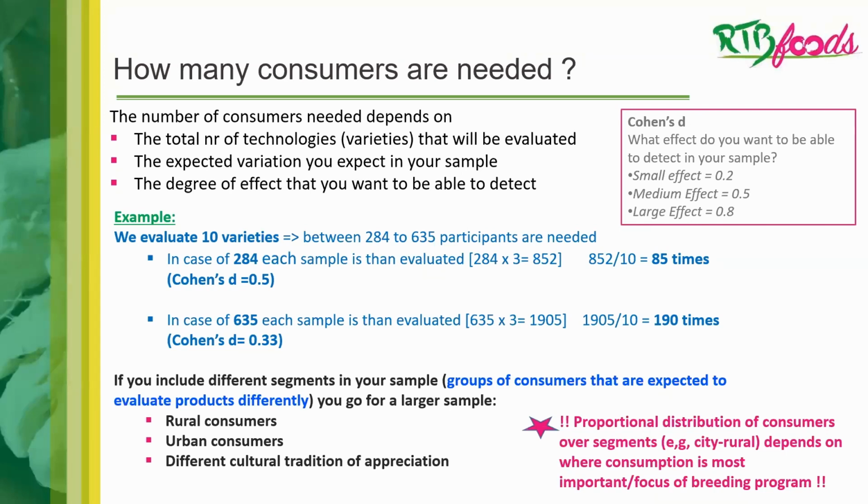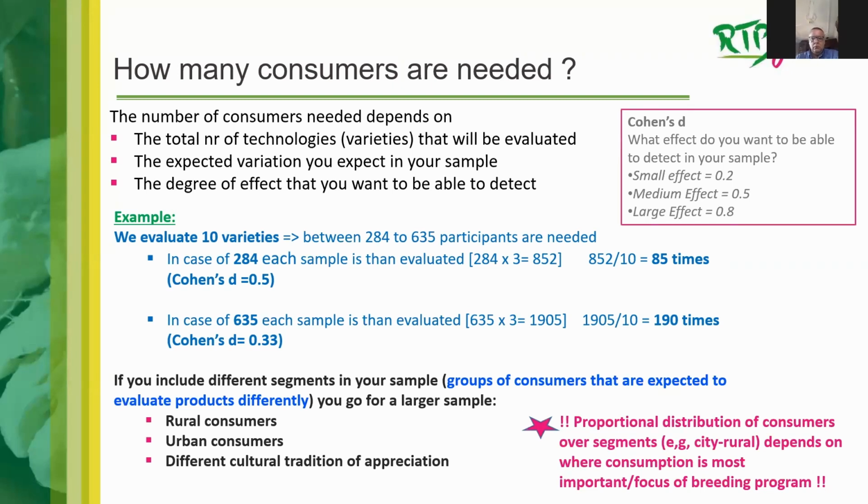This is calculated with a Cohen's d of 0.5, which as a rule of thumb is a medium effect. It's not that precise, but you can still get good data. In that case, with 284 consumers, times 3, you will have 852 samples, divided by the number of varieties, so you get 85 times that each variety is replicated in the incomplete block design.